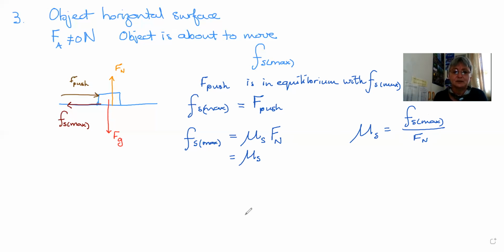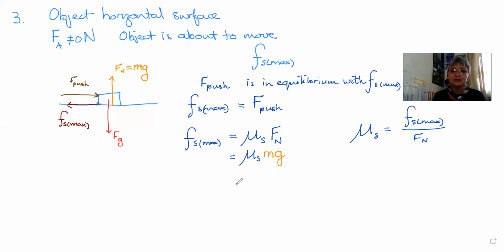In this case, the normal force has the same magnitude as the gravitational force. I can use mu s times the mass times gravitational acceleration to get maximum static friction.